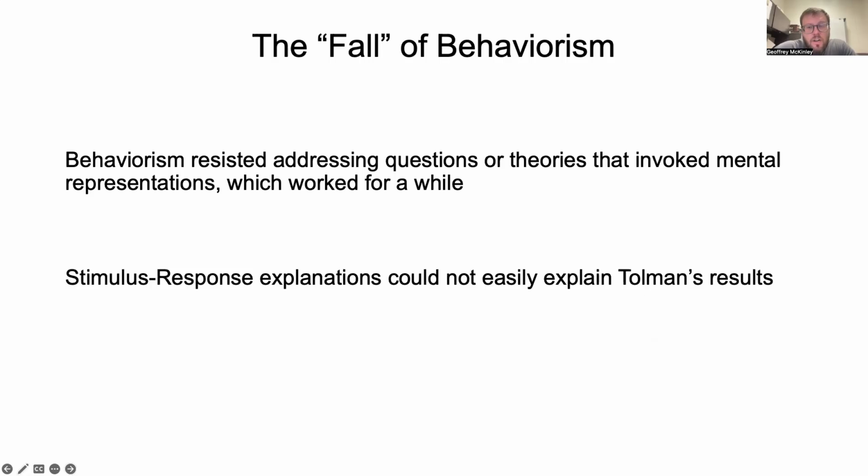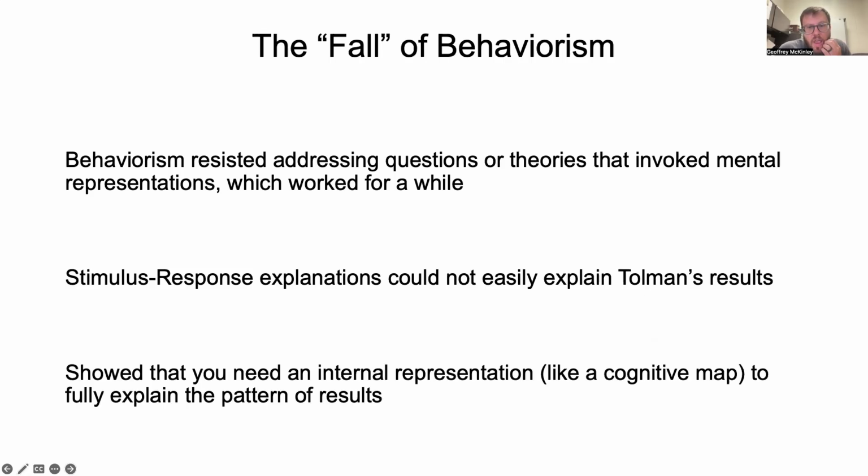If learning and behavior are due to a stimulus being associated with a response, that leaves no room for a mental representation that could explain the responses themselves. And so it showed that you need an internal map, like a cognitive map, to fully explain the pattern of results. Okay, and in the next video, we'll talk about Karl Lashley's article about the serial order problem in behaviorism.